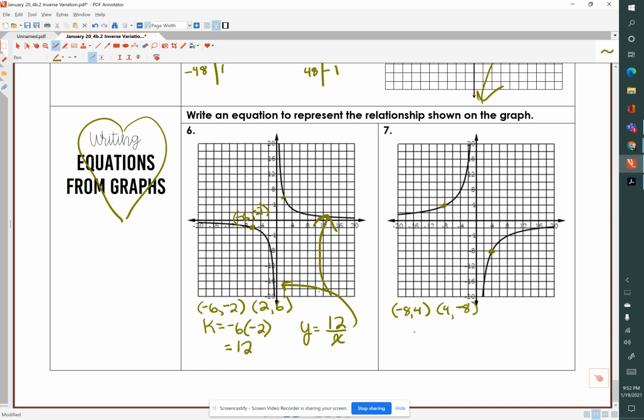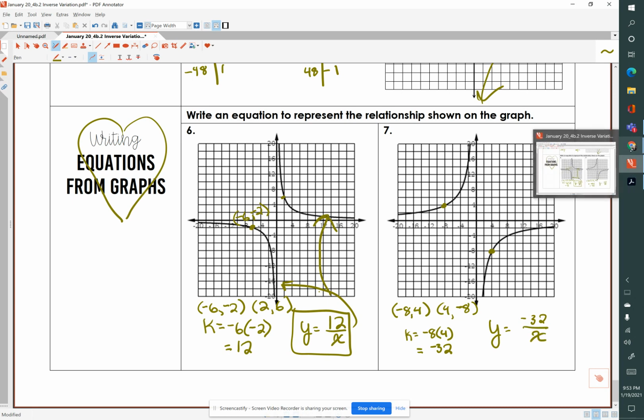And either way, k equals negative 8 times 4, which is negative 32. So our inverse variation equation would be y equals negative 32 over x.